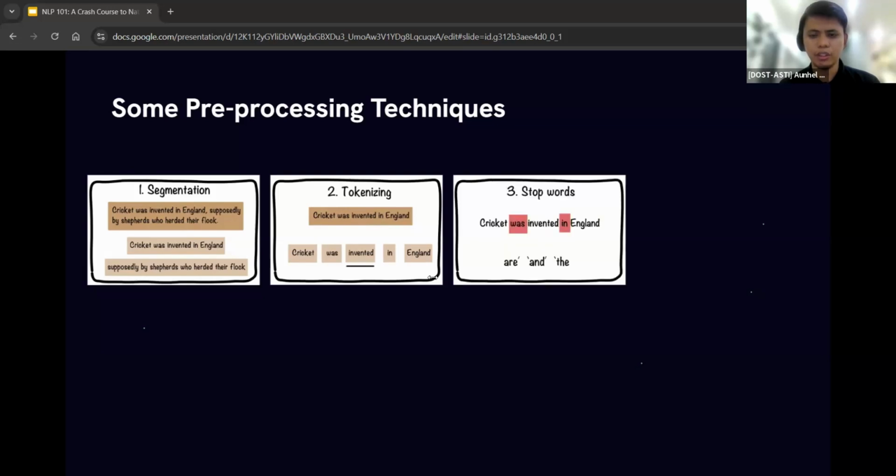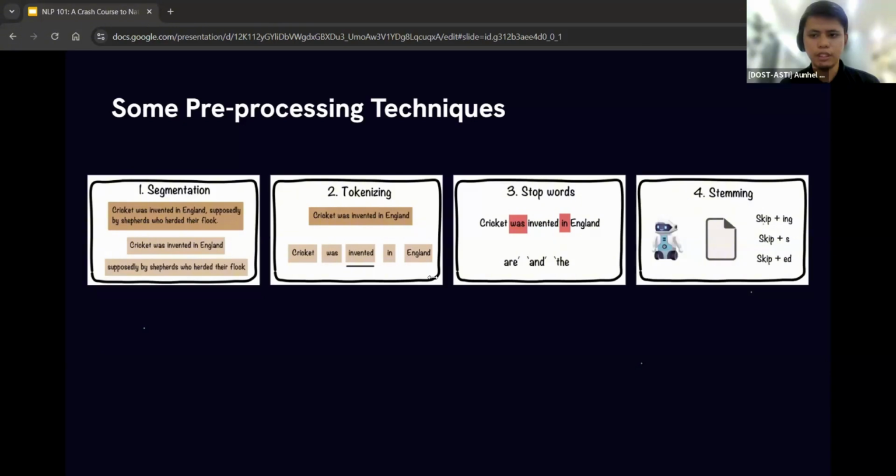And then we have stop words removal. Basically we're removing low-information words, usually prepositions and words like was, the, in, are, and things like that. We're removing those so we're only focusing on the important words that hold the majority of the context. And then we have stemming.